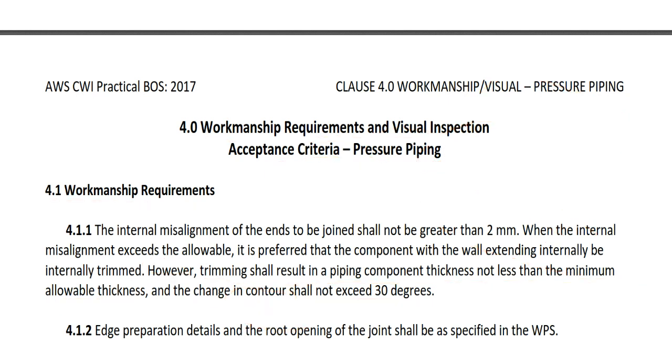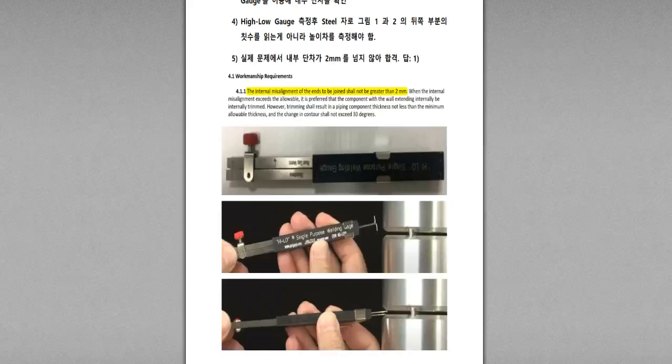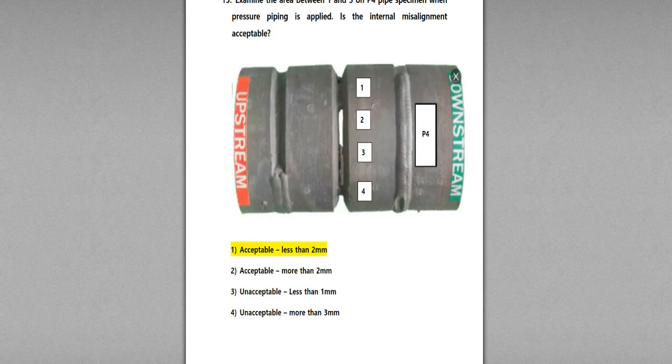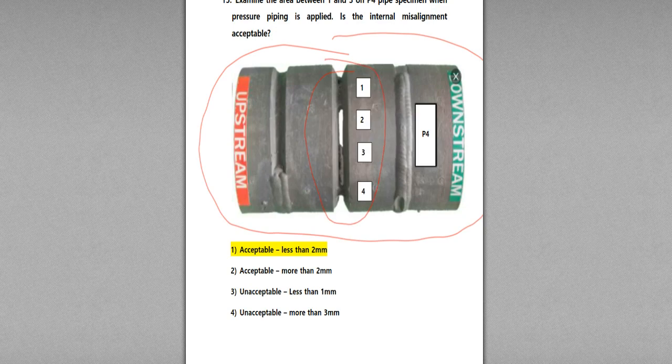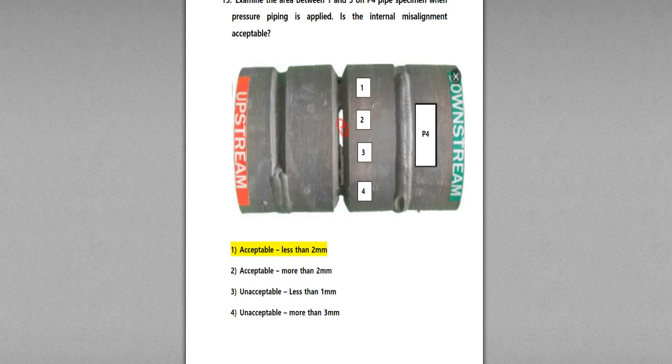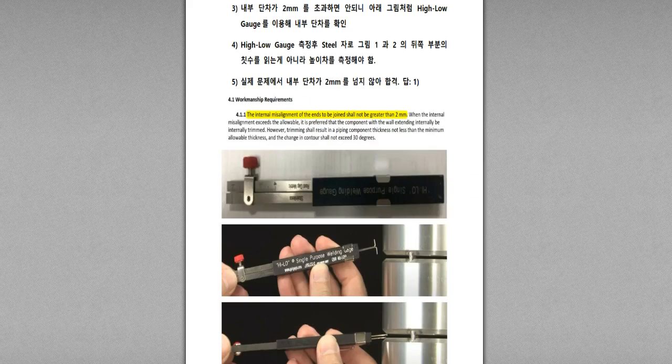And in the CWI Part B actual questions, you can see questions on internal misalignment like this. The pipe specimen is given, and here you have an open joint, and you measure the misalignment here. How you measure is using this high-low gauge.